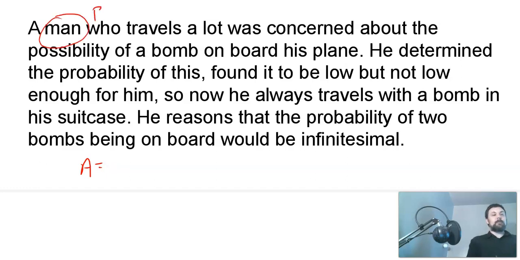Let's call him Bob, right? So Bob travels a lot. He's concerned about there being a bomb on the plane. So he brings a bomb on the plane, reasoning that the chances of there being 2 bombs on the plane would be really, really small. Small enough that he could feel comfortable traveling. All right. So let A be the event of someone else bringing a bomb on the plane.